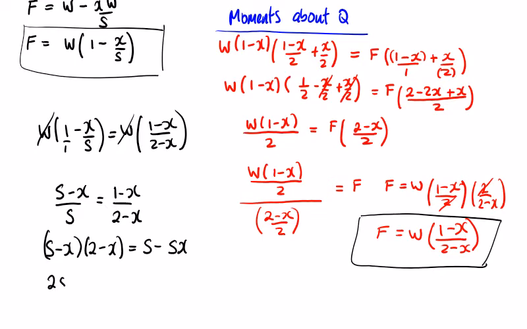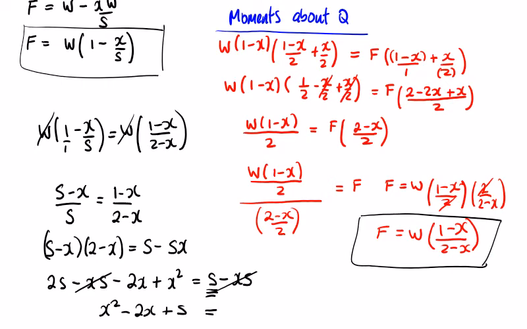So we're going to have 2s minus xs minus 2x plus x squared is equal to s minus xs. So they'll cancel that one and that one. So what am I left with? I'm left with x squared minus 2x, and if I bring that s across, I'm going to just be left with plus s equals 0.